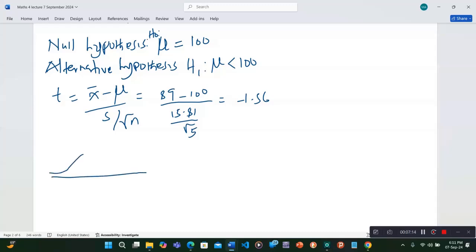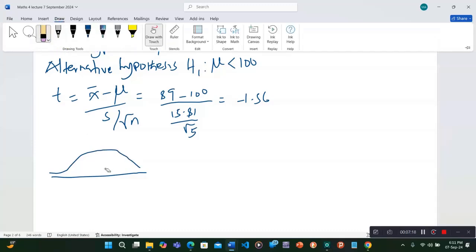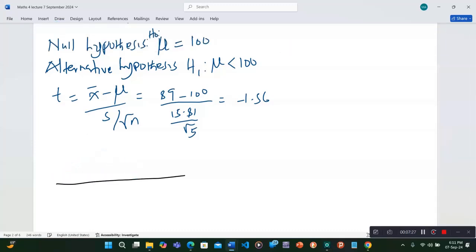So we are going to draw our normal distribution curve. The normal distribution curve is like this. If we are carrying out a one-tailed test, this is alpha at 5%. The value we said is 2.132.